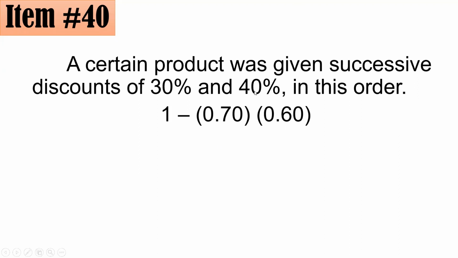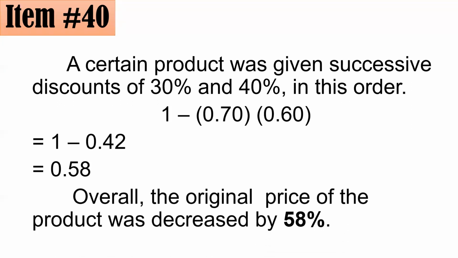Kapag may discount kang 40%, 60% lang yung babayaran mo sa kanya o 0.60. Kaya if you will multiply 0.70 and 0.60, it will give you 0.42. And subtracting that from 1 or 100% gives us 0.58, which means the original price of the product was decreased by 58%. Letter C ang tamang sagot dito.